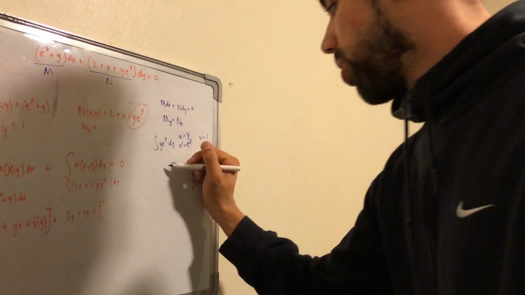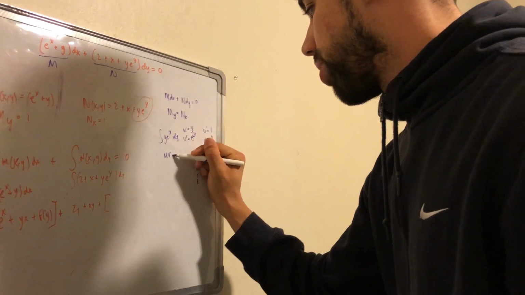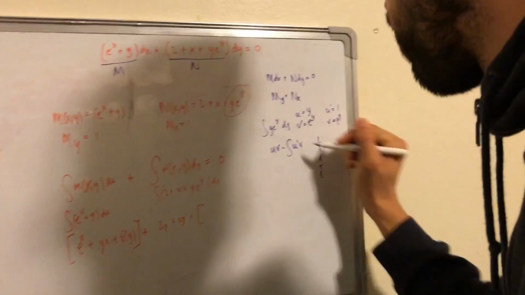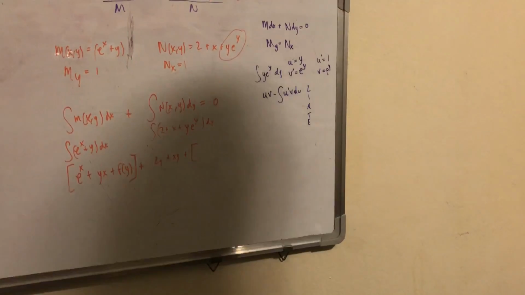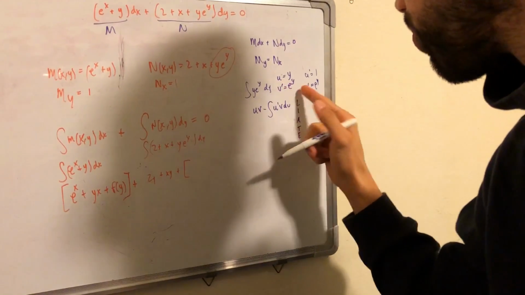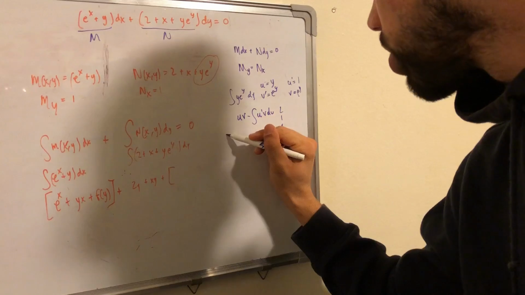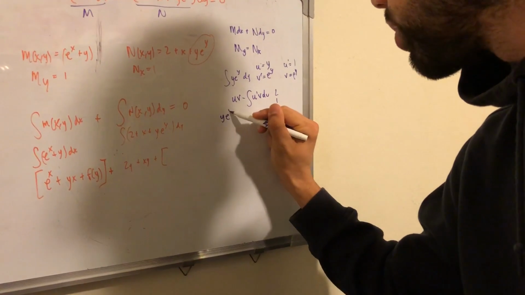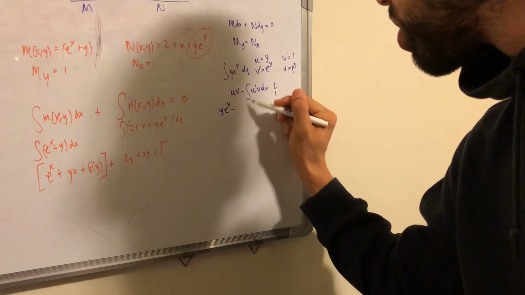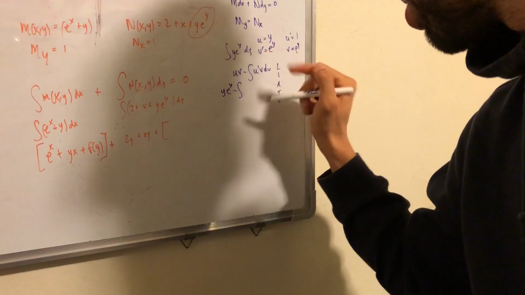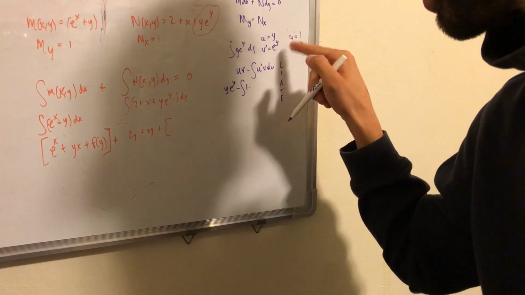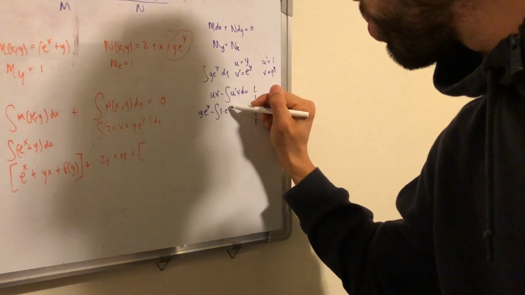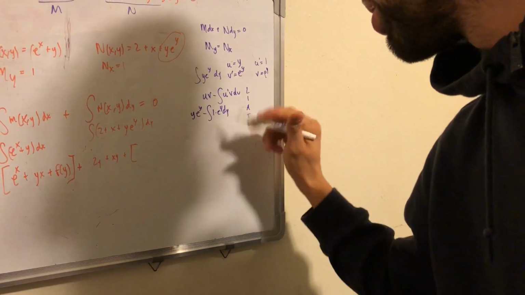All right, so this is the formula that we'll be using: uv minus the integral of v du. Plugging in, we get y e to the y minus the integral of u prime, 1, times v, which is just e to the y dy.